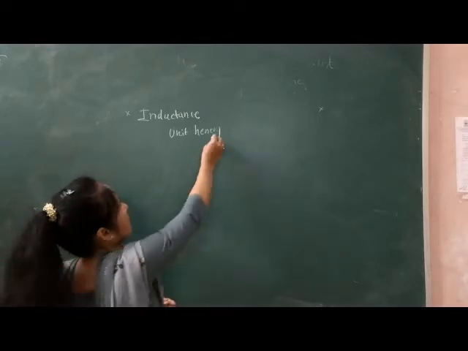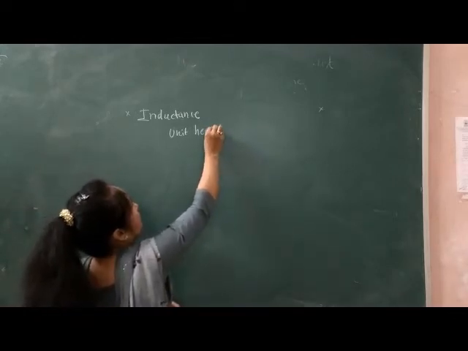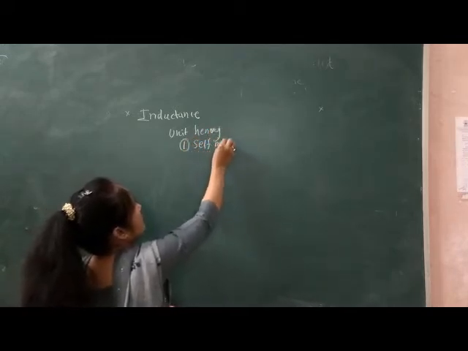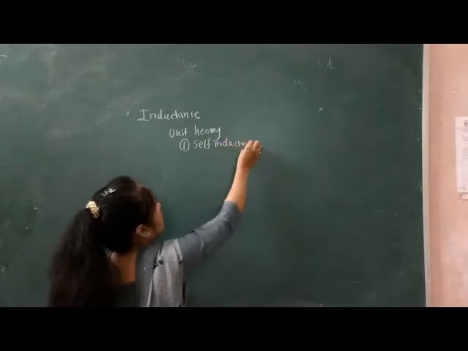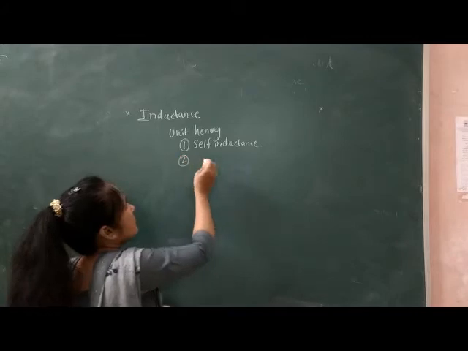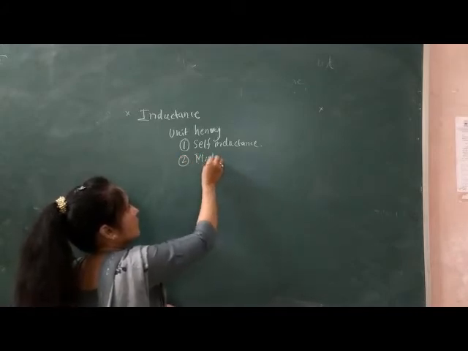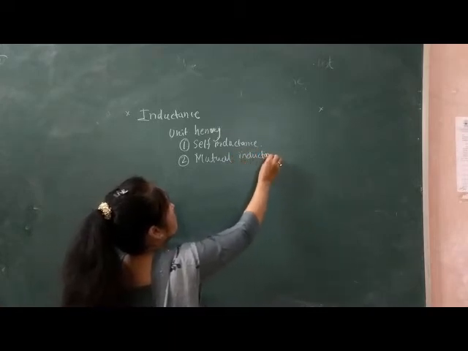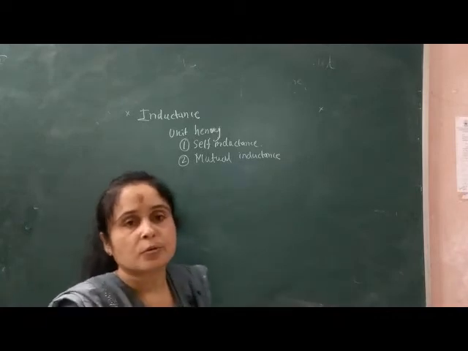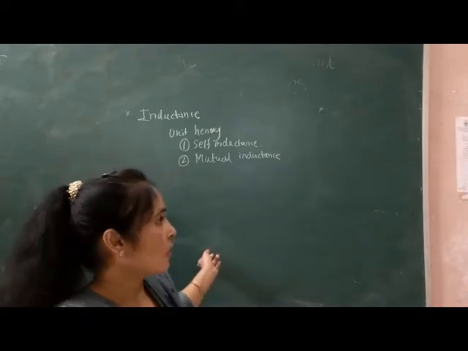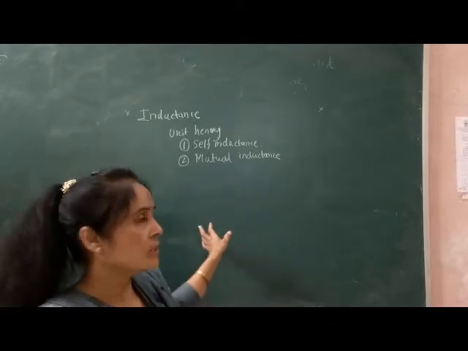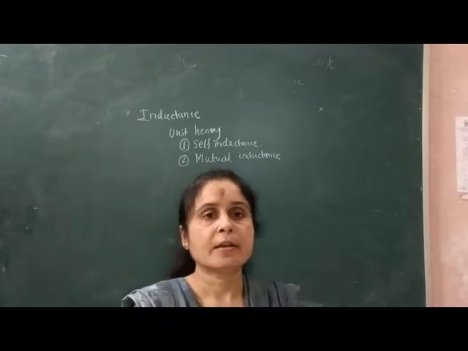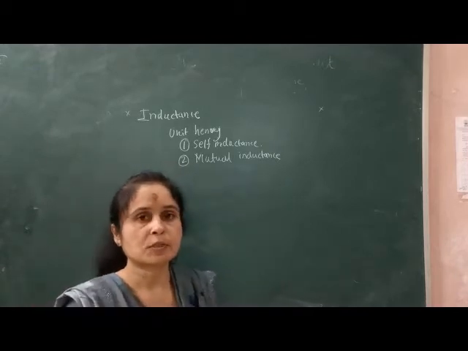First is self-inductance. Second is mutual inductance. Due to the phenomena of a coil, the flux produced in this coil opposes, in the form of a self-induced EMF.